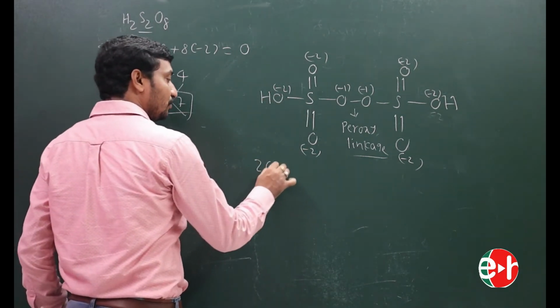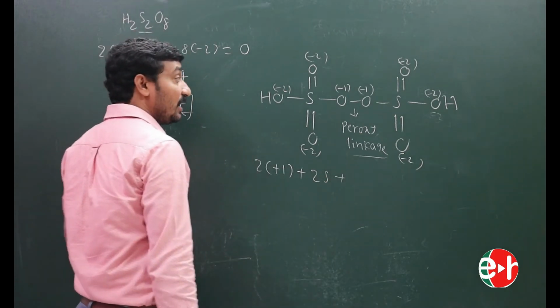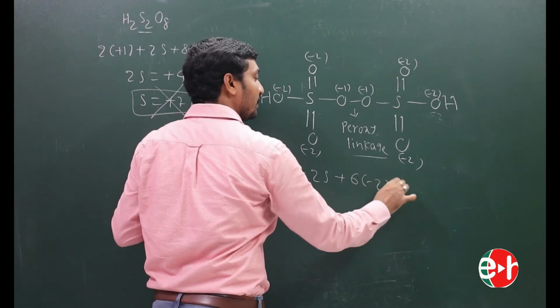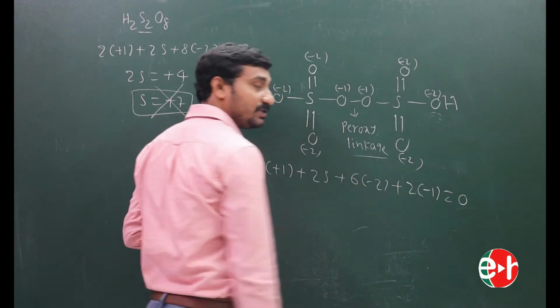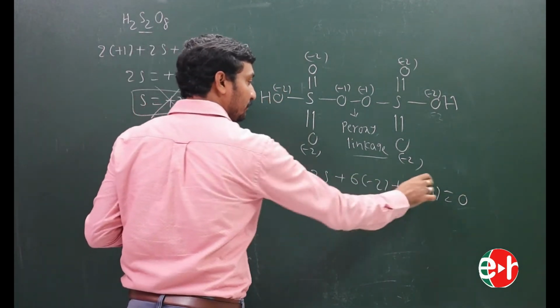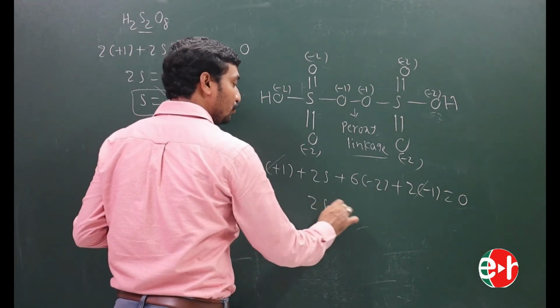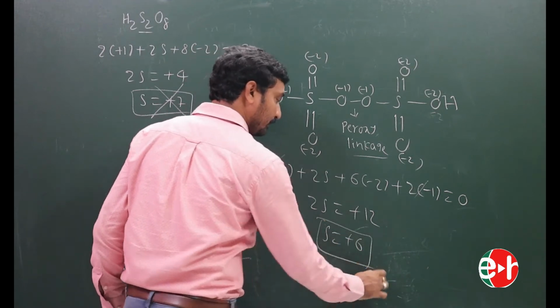Now you calculate based on structure. 2 hydrogens, 2 into +1, 2 sulfurs. In 8 oxygens, 6 oxygens are -2, the remaining 2 oxygens -1, that is equal to 0. Now +2 -2 cancel. Now 6 2s are 12, -12, right side +12, 2s is +12, and the sulfur oxidation state is +6.